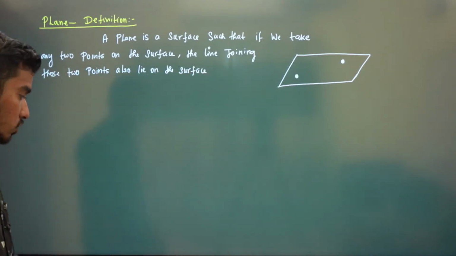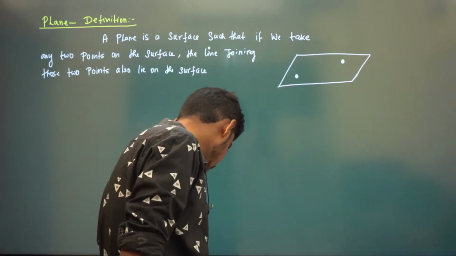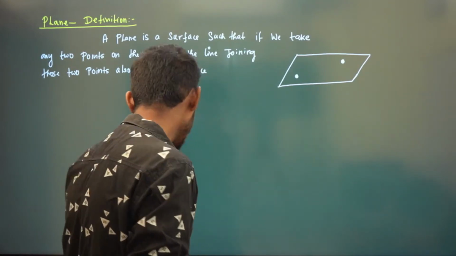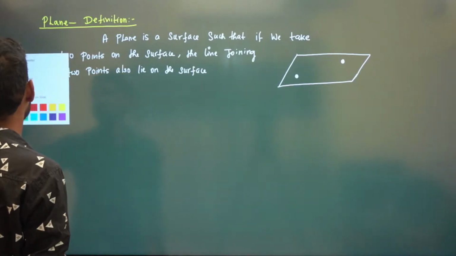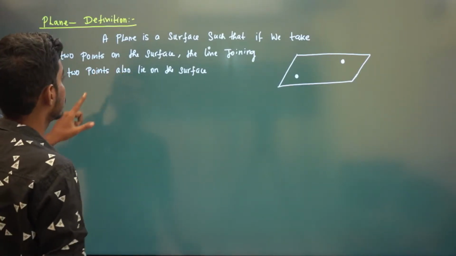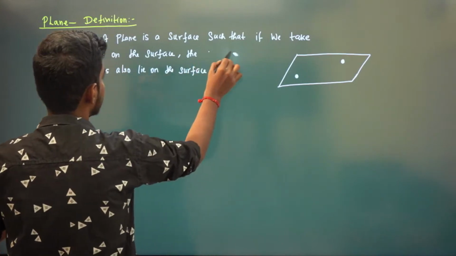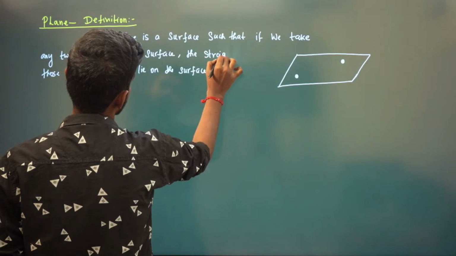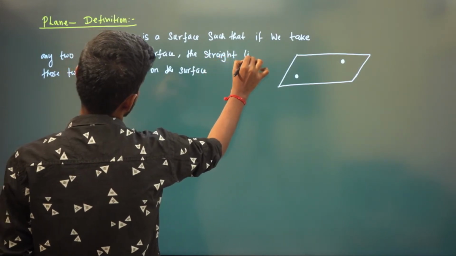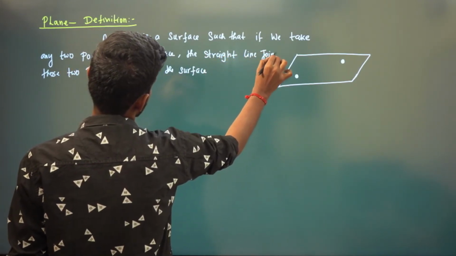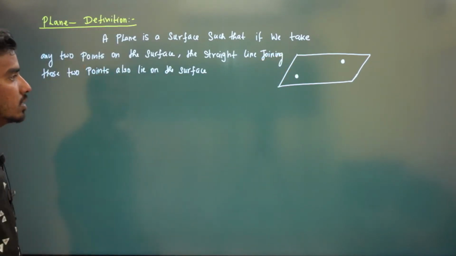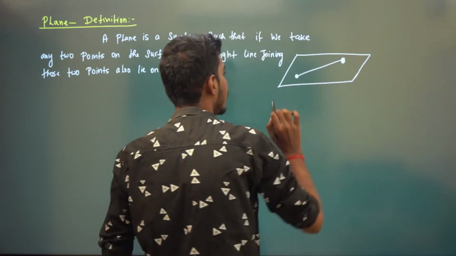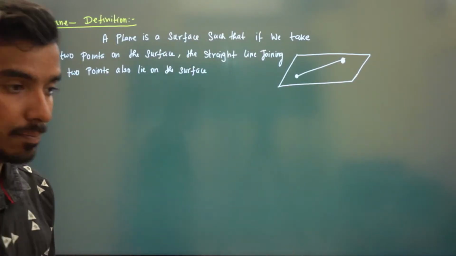Very simple. You just take any 2 points on the surface and draw the straight line joining those 2 points. If that line also lies on the surface, then it is called a plane.